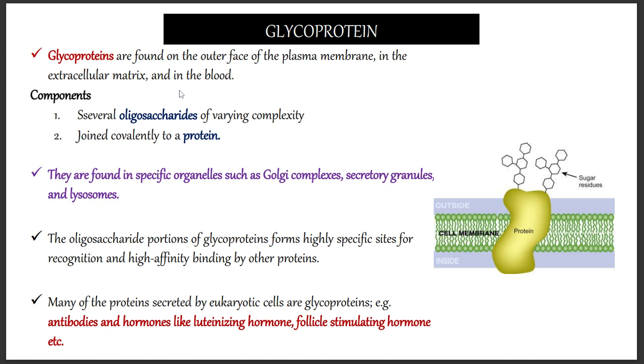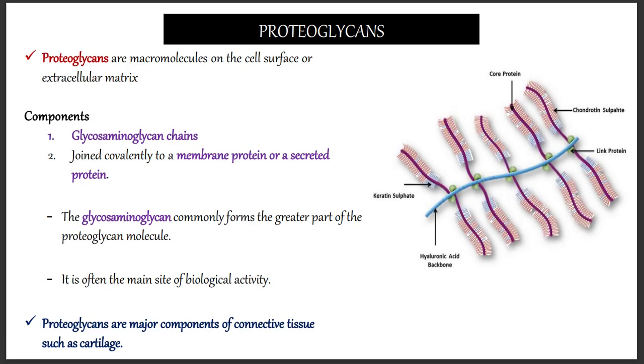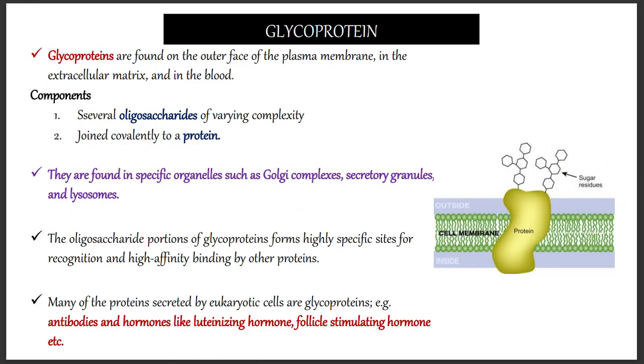But for the proteoglycan, the type of carbohydrate is glycosaminoglycan, and it also has a protein. The only difference is the carbohydrate: oligosaccharide versus glycosaminoglycan.